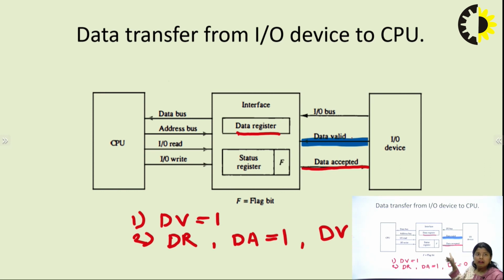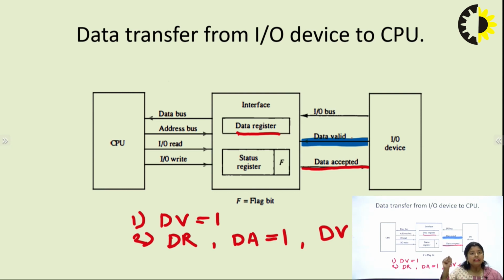After the data valid value is transmitted to the data register, one more thing happens: the data valid value is now 0. For other devices, DV equals 0 for this particular transmission.